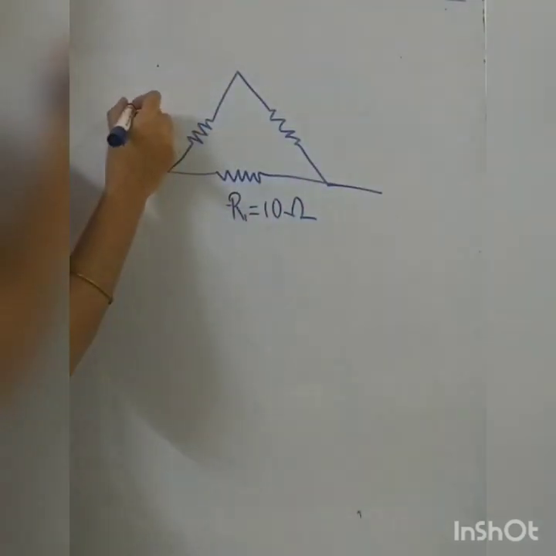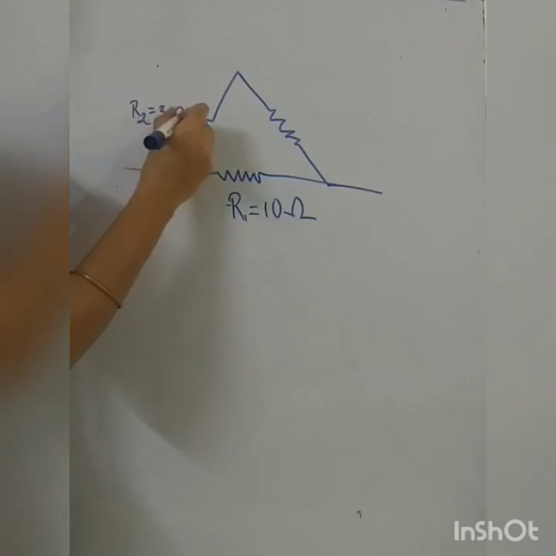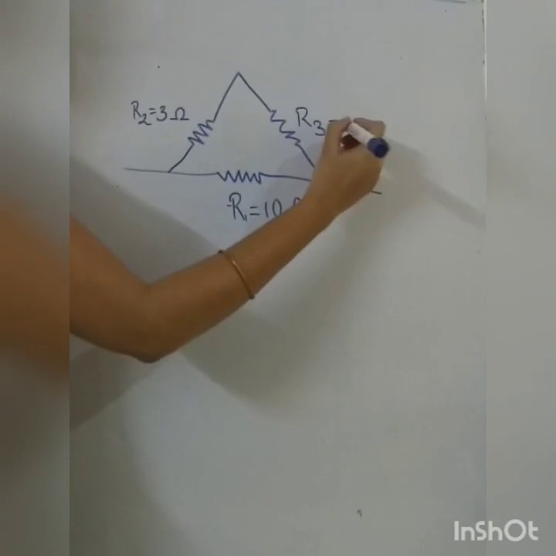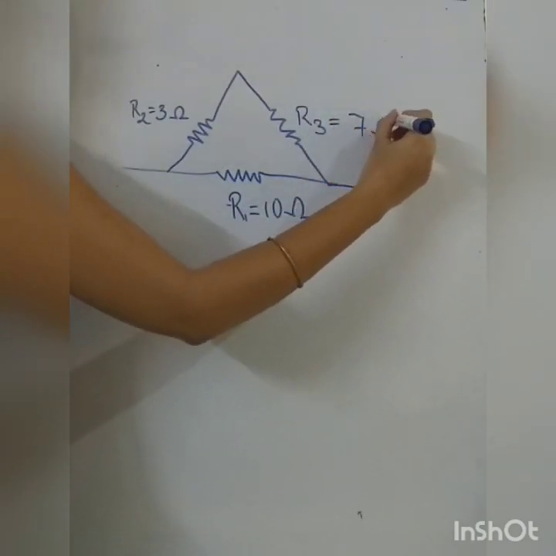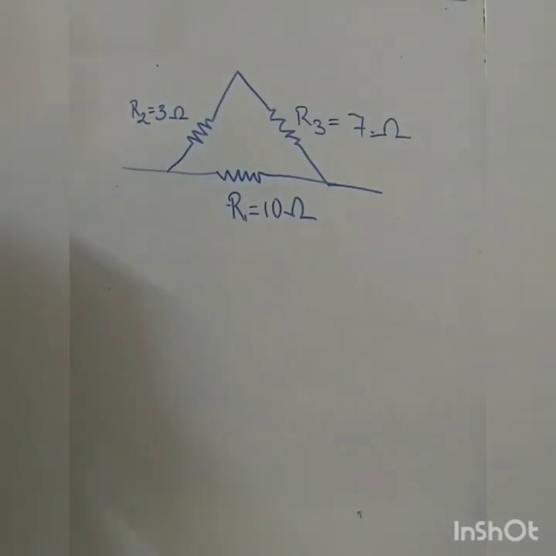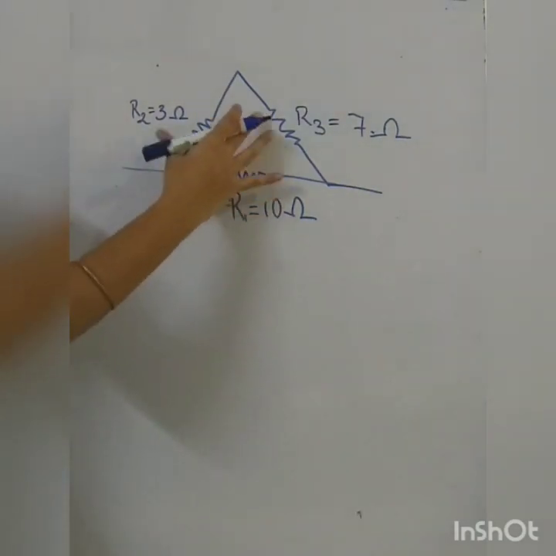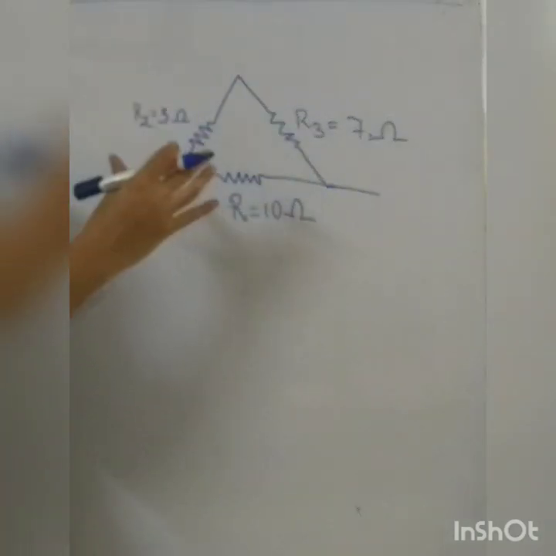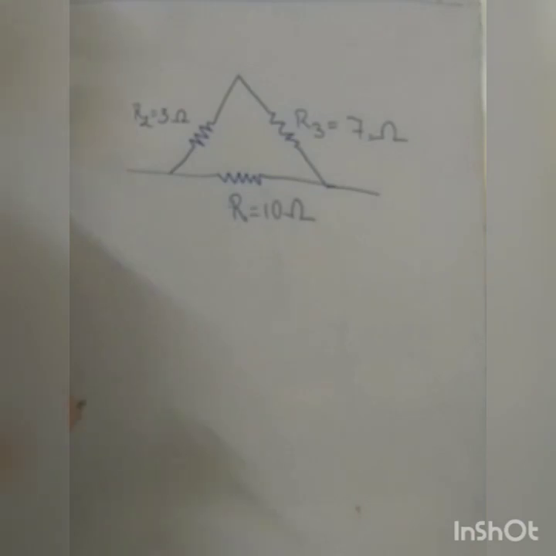My second resistance value R2 is of 3 ohms and my third resistance, that is R3, is of value 7 ohms. Now we will try to solve this part. We'll try to find out equivalent resistance for this combination of resistance.